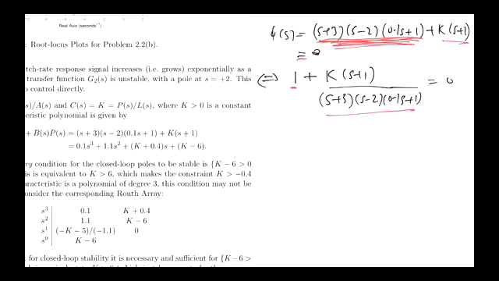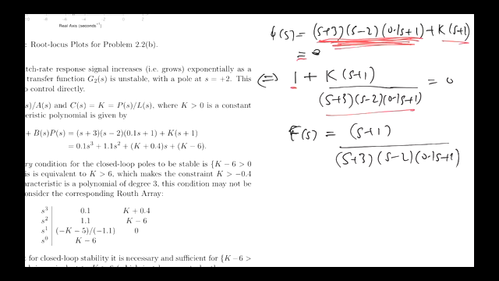It's now in the form amenable to root locus analysis according to the rules that we developed in the previous lectures. So if you like, your transfer function F in the notes is (s plus 1) over (s plus 3)(s minus 2)(0.1s plus 1).